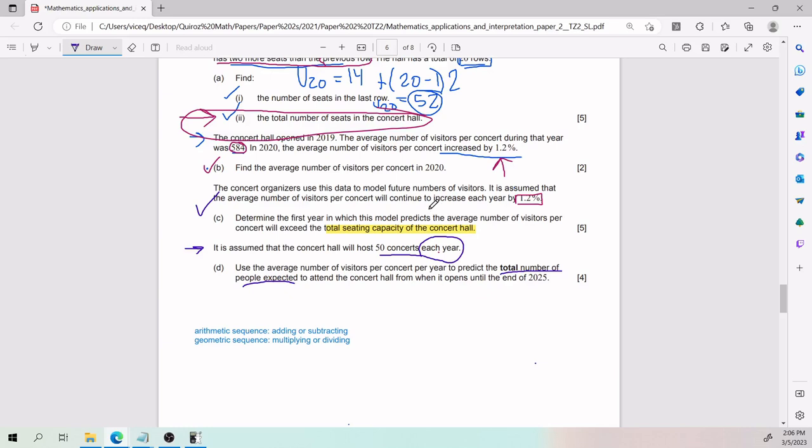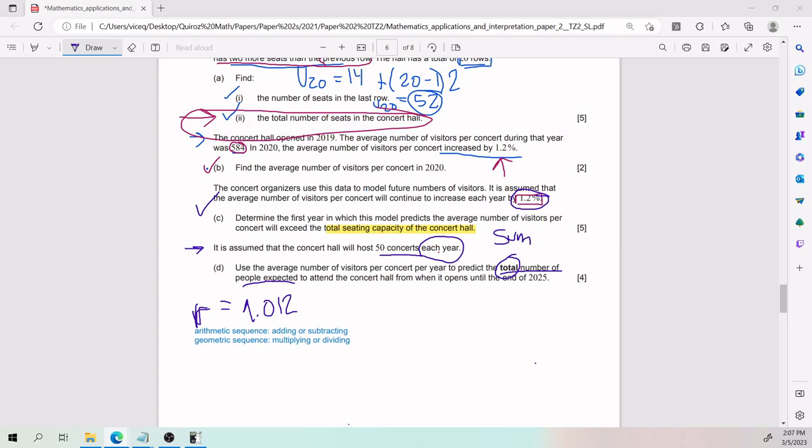We have 50 concerts each year, and per year the amount of people that attend changes by 1.2%, as we said earlier. Let us remember from part C that we already identified that r is 1.012. That will be useful in a second. Because we're talking about a total amount, anytime you see total, you should probably be thinking of sum. If we're talking about a total amount of things, we're probably adding stuff.